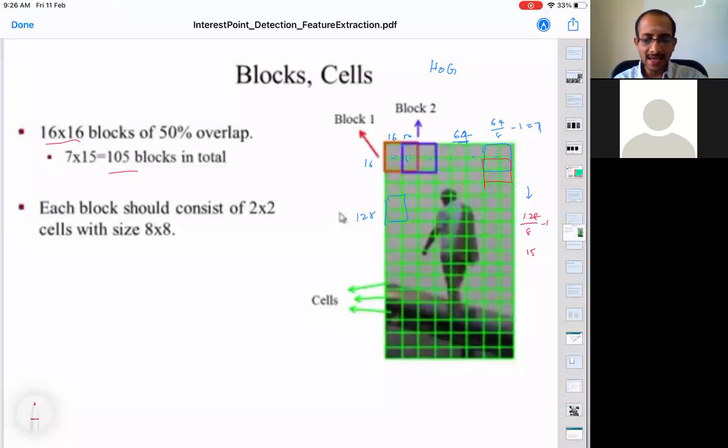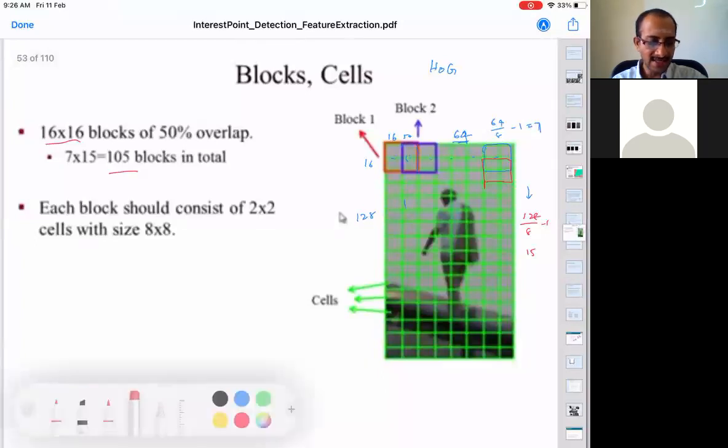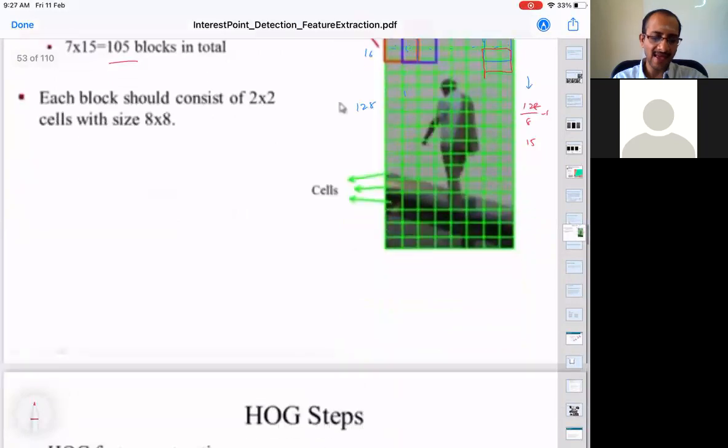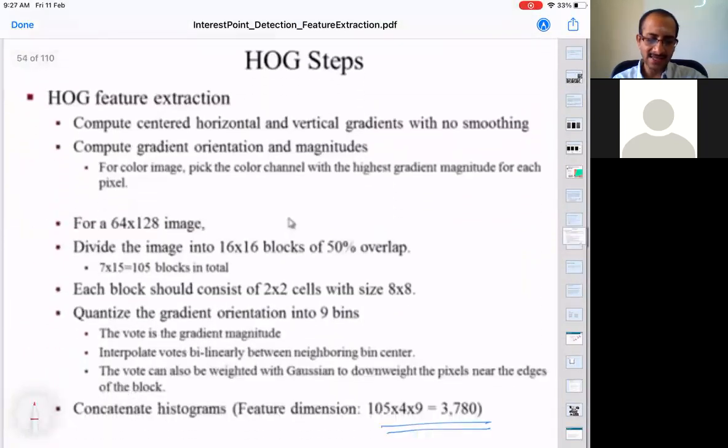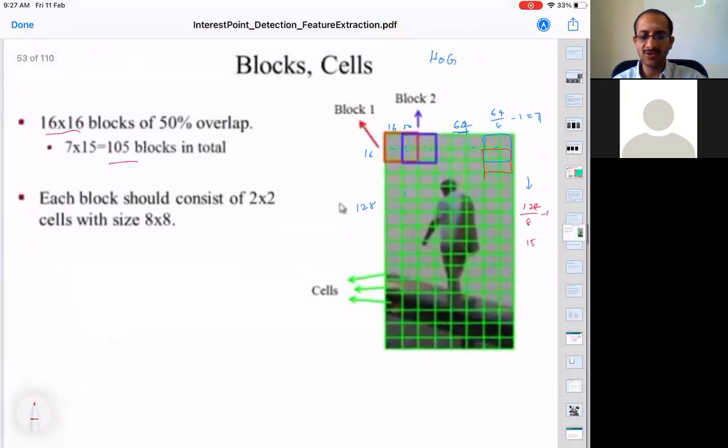blocks. And in each block, as we mentioned, we will decide a bin size. The method proposed by Triggs and Dalal is that they have taken this 16 cross 16 also into blocks. So 8 cross 8 cells, and within each 8 cross 8 cell they have made a histogram, a HoG vector.